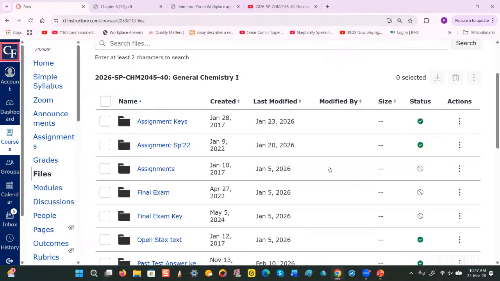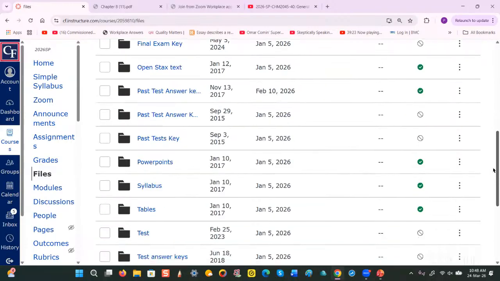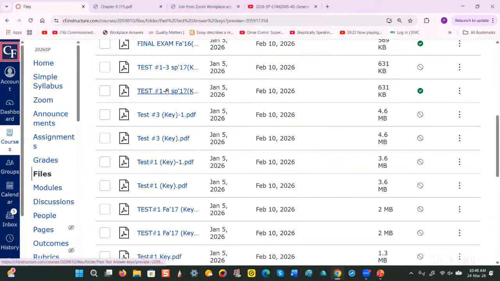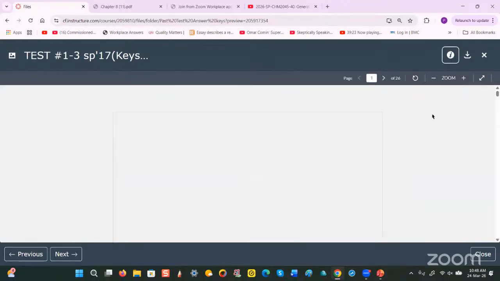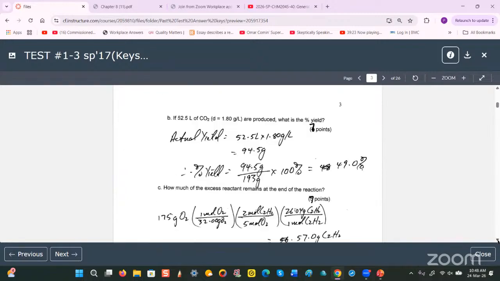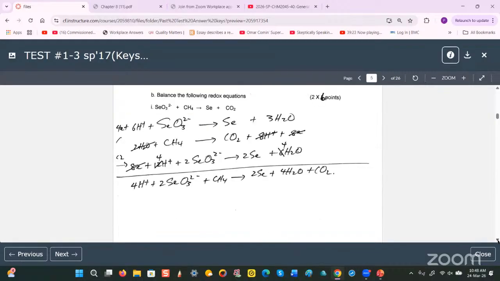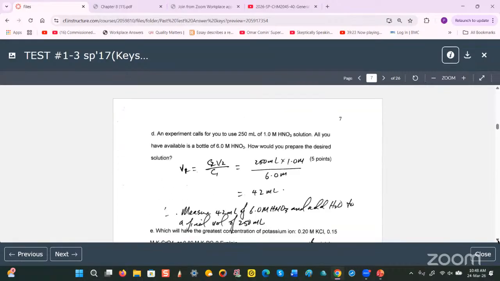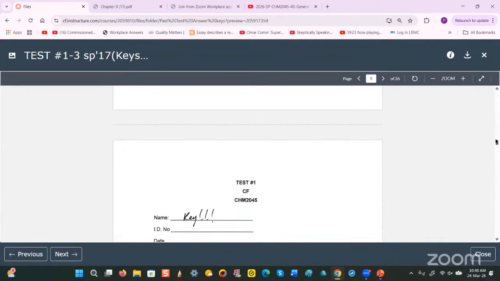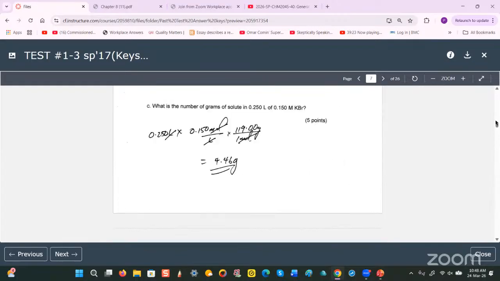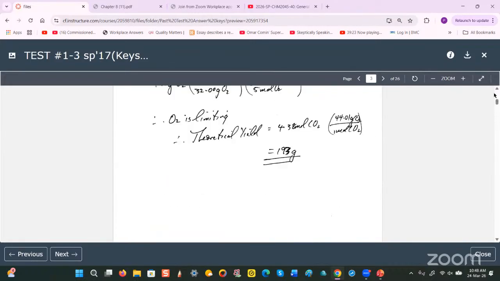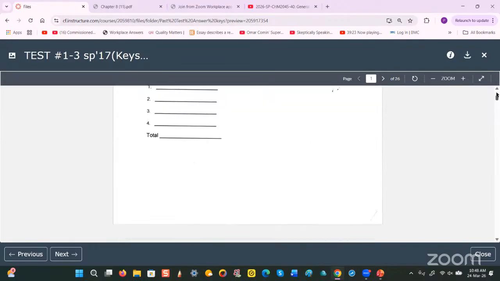And also, let me see if I've posted any past test keys about that topic. Okay, so you should be able to find, we'll just do a quick scan of this here. Okay, so that was test number 1. Oh, wait a minute. Oh, that's test number 2.